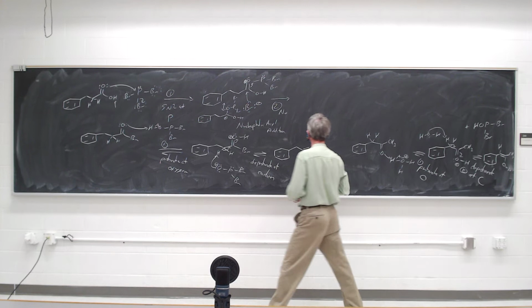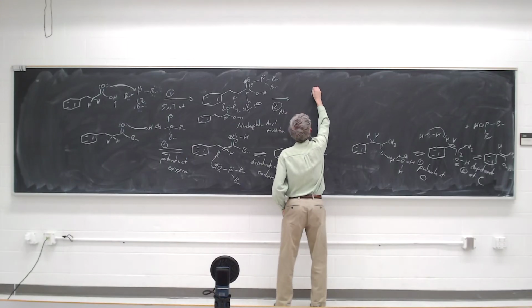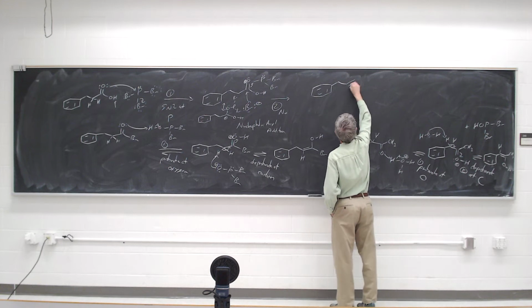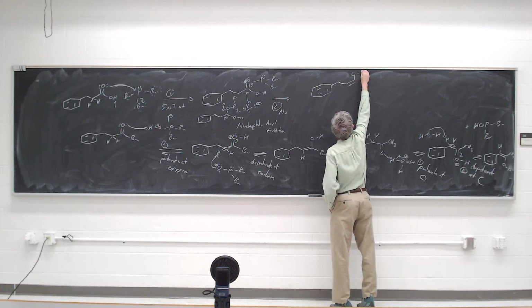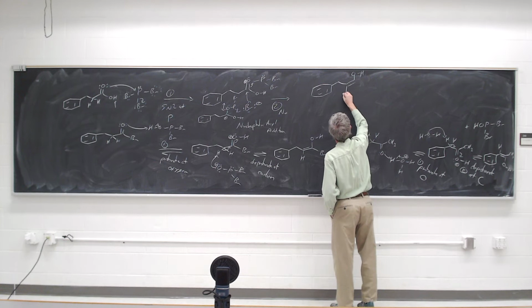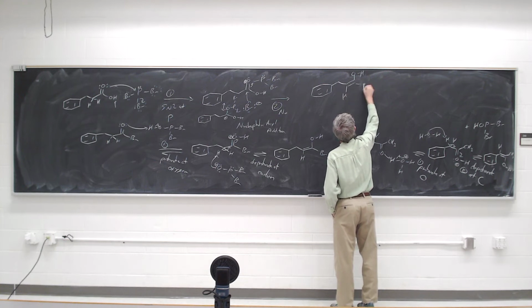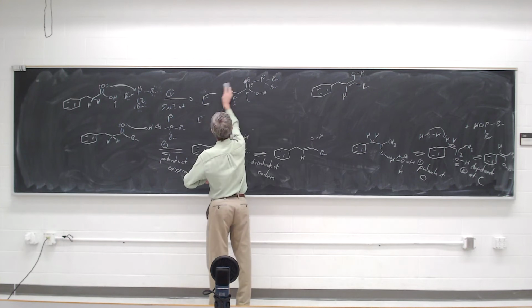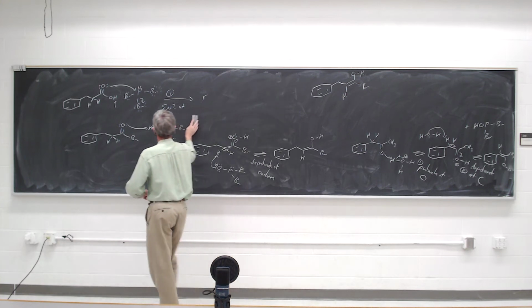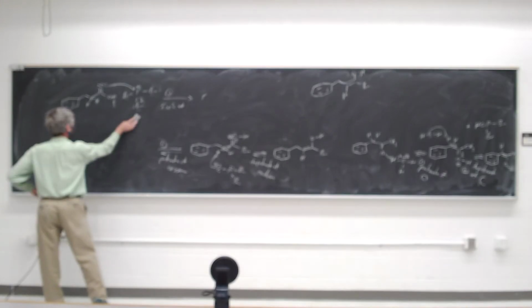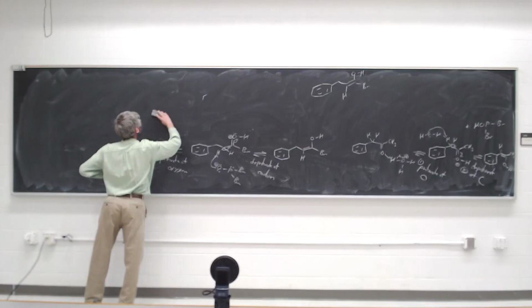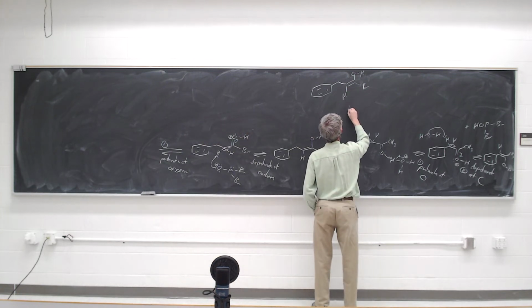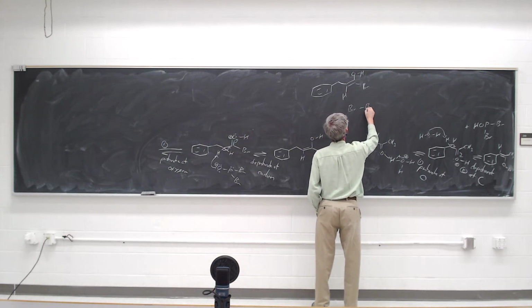Stage 3 is actually pretty simple. Stage 3 is basically just an alkene addition reaction, where we are using this pi bond as a nucleophile.